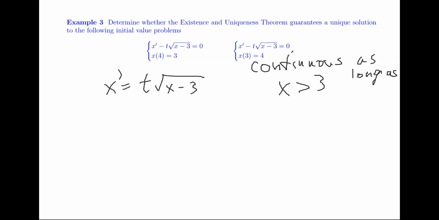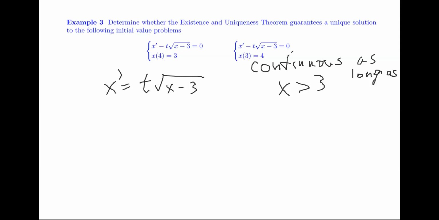If x is equal to 3, that is allowed, but we can't find a rectangular region around any point where x is equal to 3, because that would move over into values of x that are less than 3, which we are not allowed here in this problem. So if we're going to satisfy our existence and uniqueness theorem, we need x to be greater than 3.